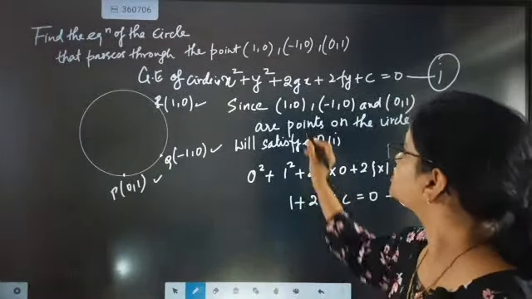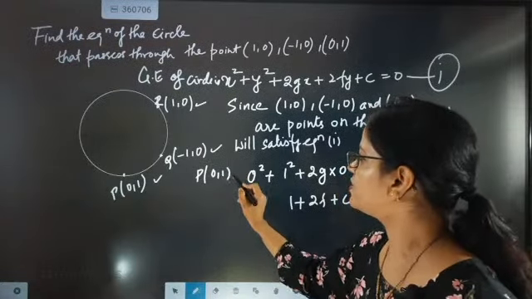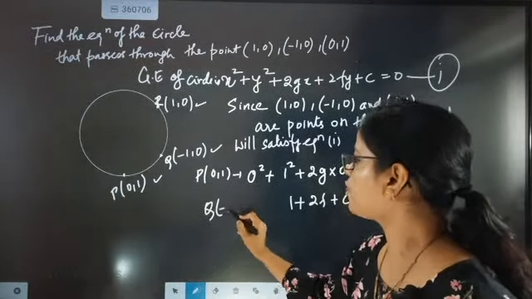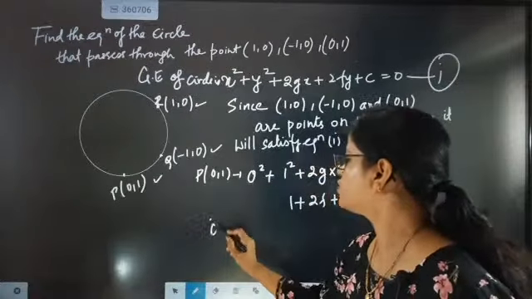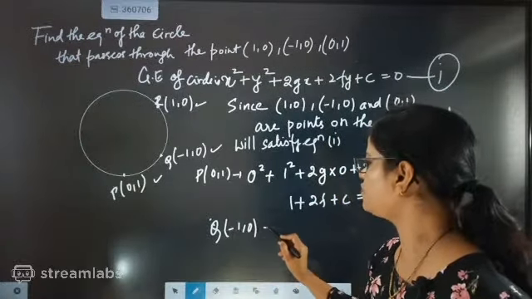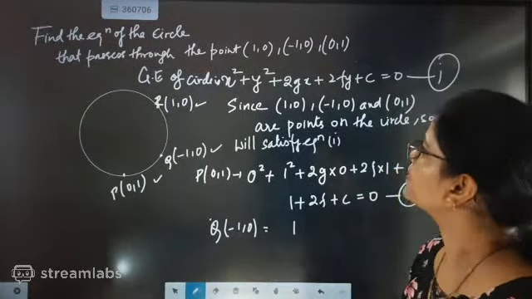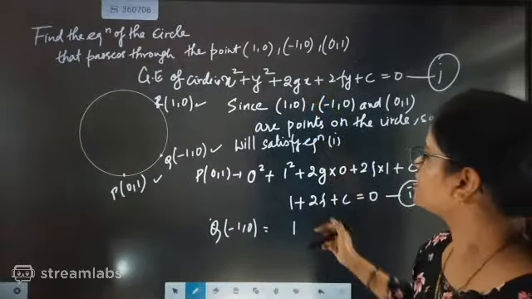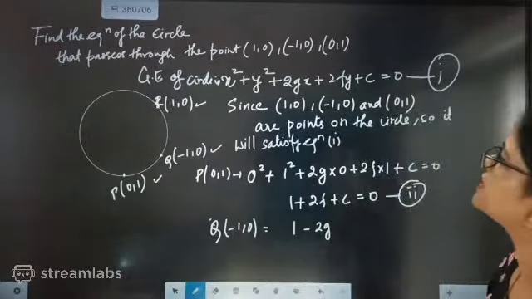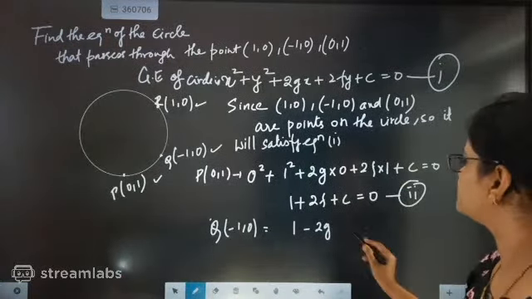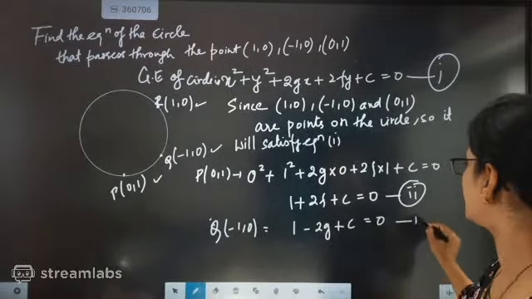Now this time, the first point P is 0 comma 1, which we substituted. The second point Q is minus 1 comma 0; if you substitute this value, what will happen? Here x will become 1, y will become 0, the g part will be coming as minus 2g, the f part will become 0, and the c part is coming as c. So this is equation 3.